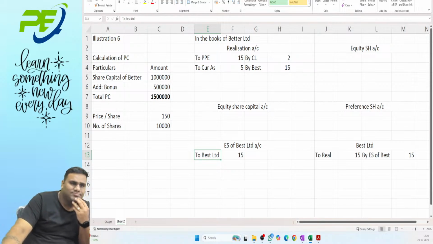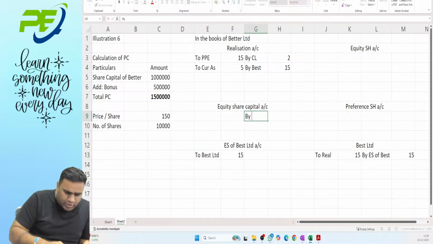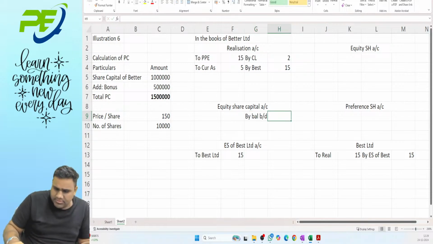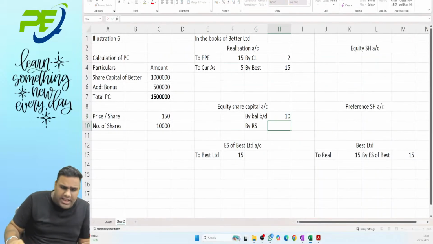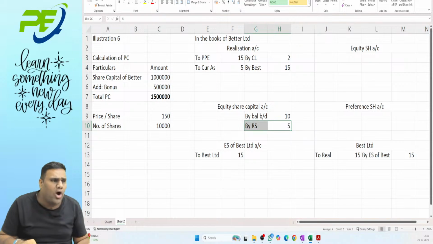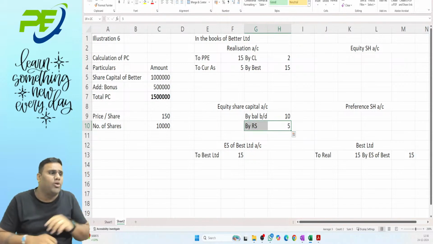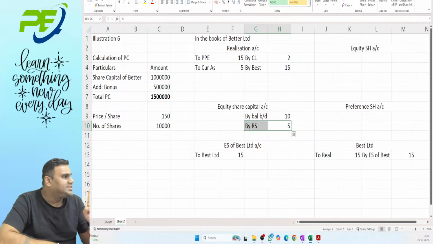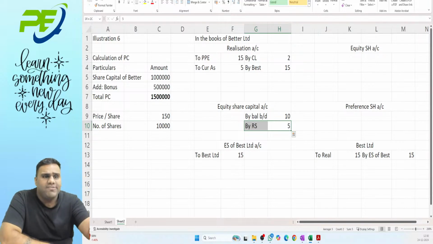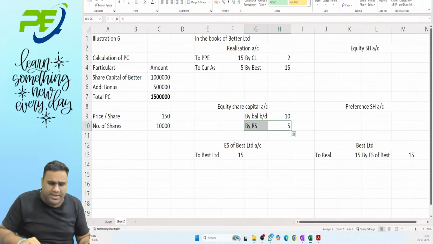Equity share capital. First we have to post the opening balance. So by balance brought down 10 lakhs. Then by reserves and surplus 5 lakh. Can anyone tell for what? Bonus. CA Foundation. Journal entry for bonus: reserves and surplus to equity share capital.